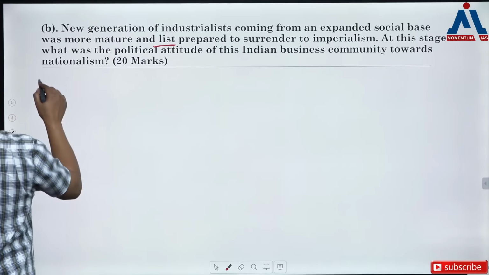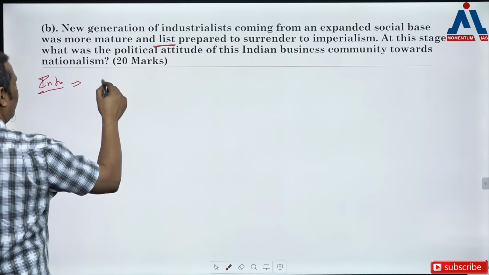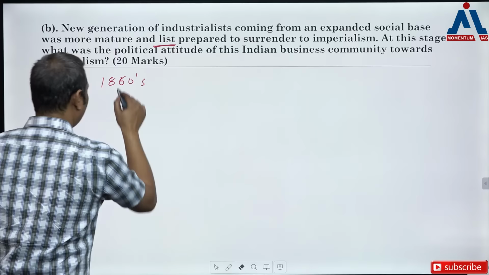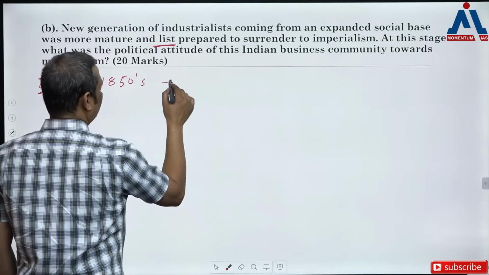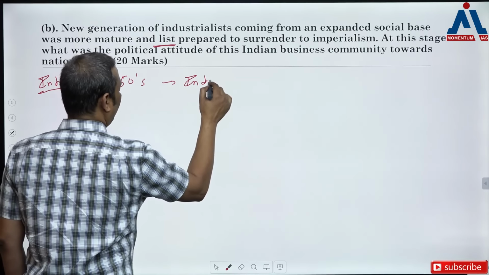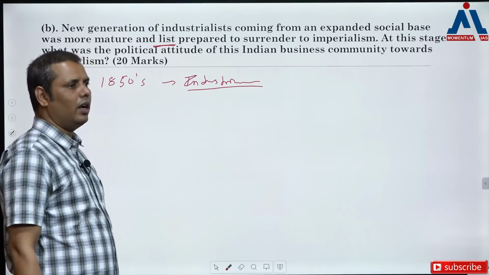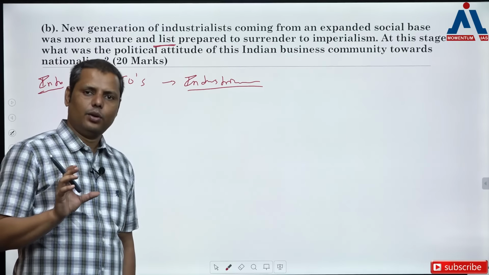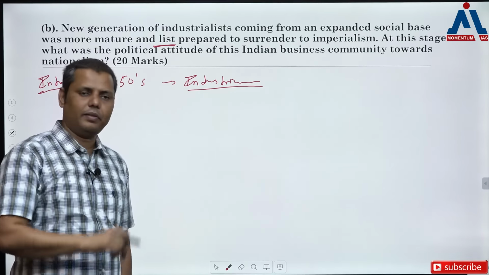So, in the introduction, I'll just write briefly how from the 1850s there was a growth of industrialization, and here you would emphasize Indian industrialists rather than the European capital, which was also doing some sort of industrialization of India, right?